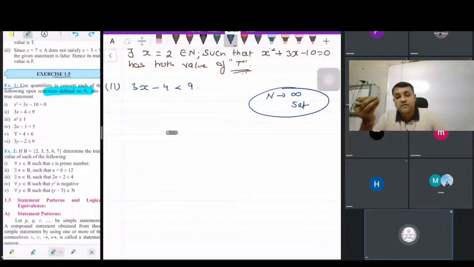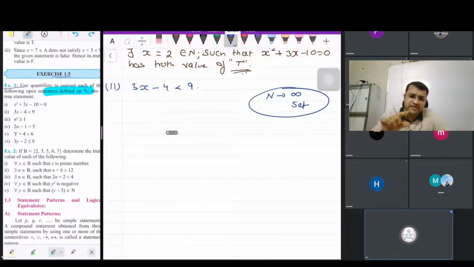So I have to identify which numbers in the set of natural numbers are satisfying this condition. If any one natural number satisfies this condition, then I can definitely say that the statement is a true statement. If no natural number satisfies this condition at all, then I have to say that it will be a false statement.